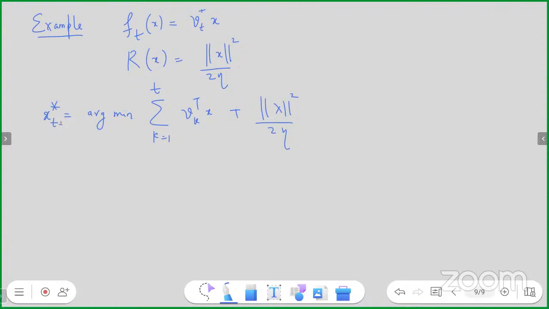Let's call it t plus 1. I have a t here. Can you write xt plus 1 star in terms of xt star? This is the simplest possible optimization.